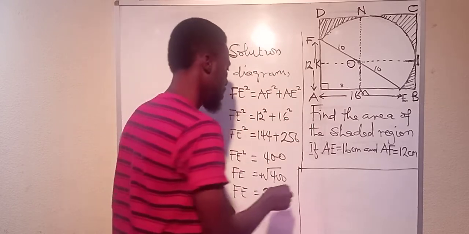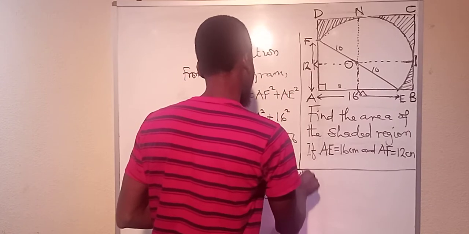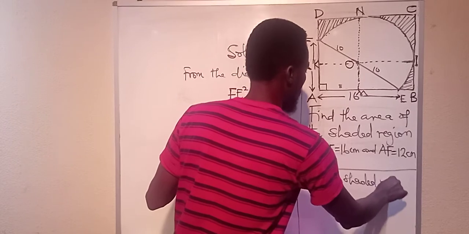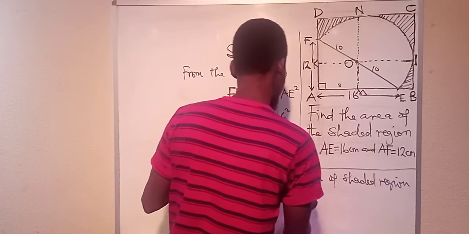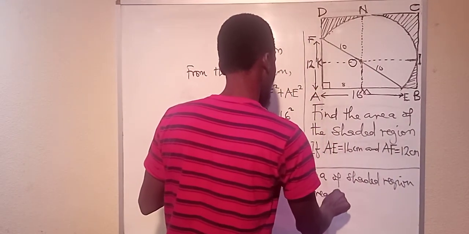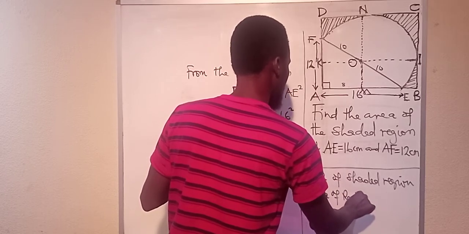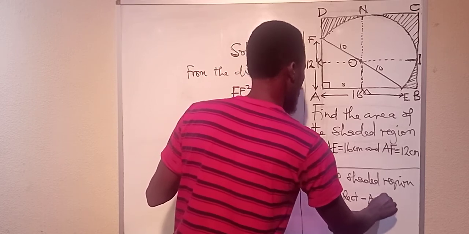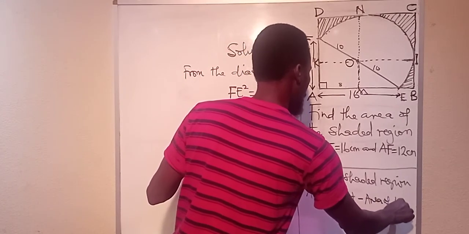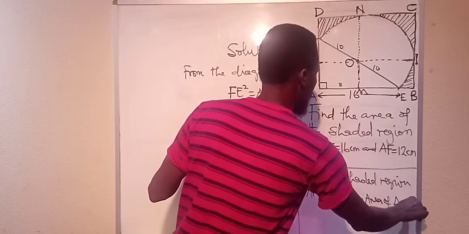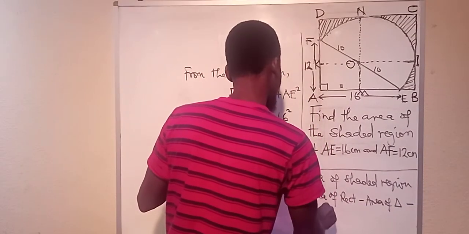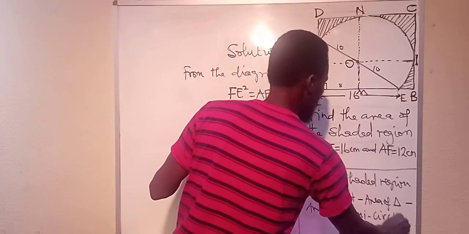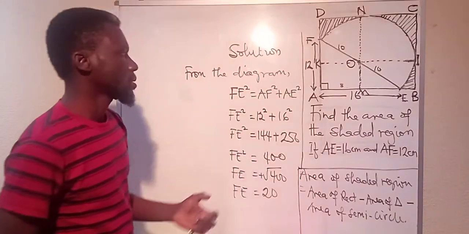So we shall say that the area of the shaded region is equal to the area of the rectangle minus the area of the triangle minus the area of the semicircle. Right, so that is it.